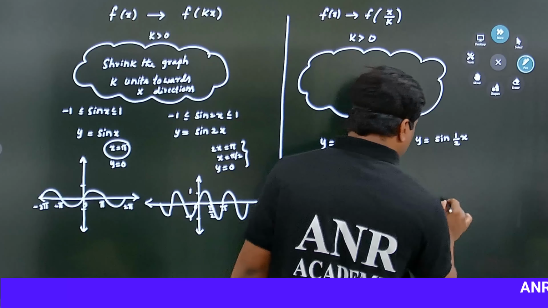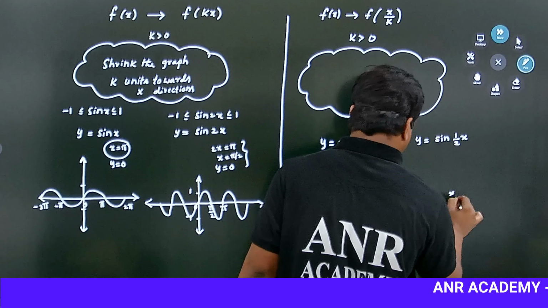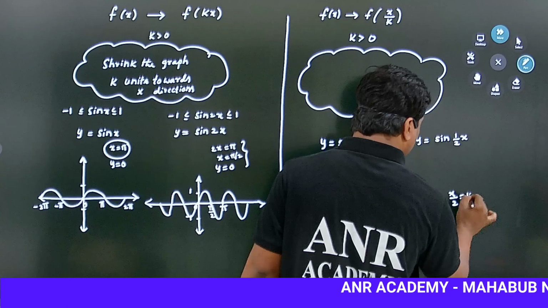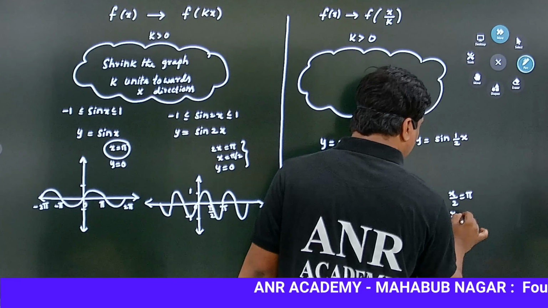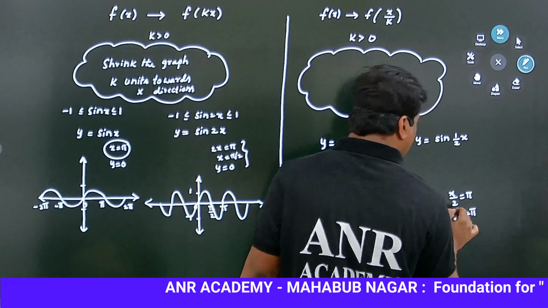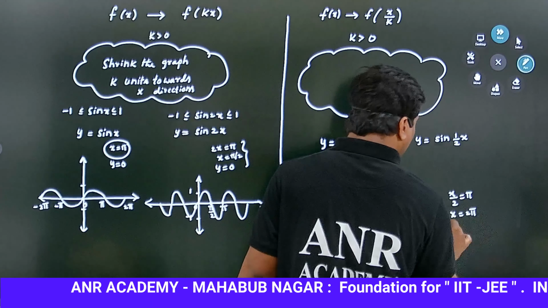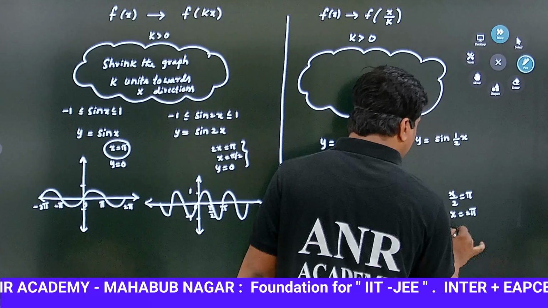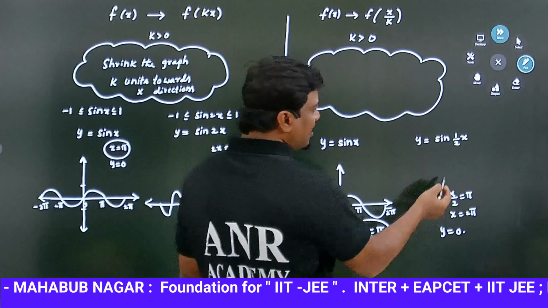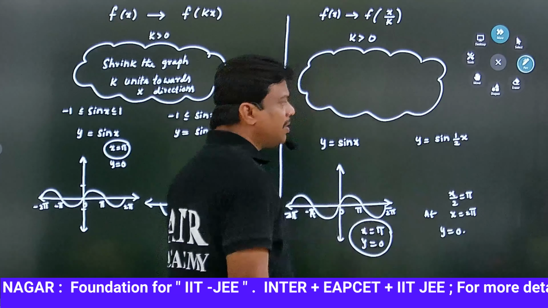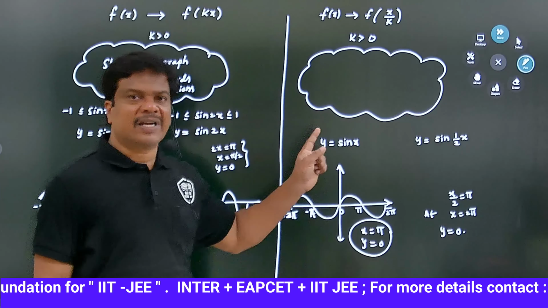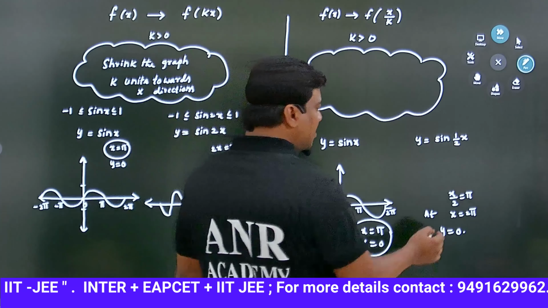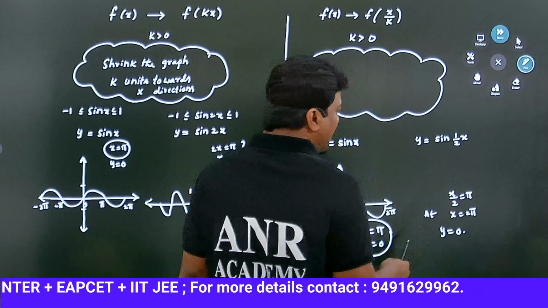But here the input is x by 2, suppose pi, then x becomes 2 pi, and at x equal to 2 pi, the value of y becomes 0 in this case. Let us observe, if you write x value 2 pi, what happens? 2 gets cancelled and we get sin pi, that becomes 0. So you will get the graph.